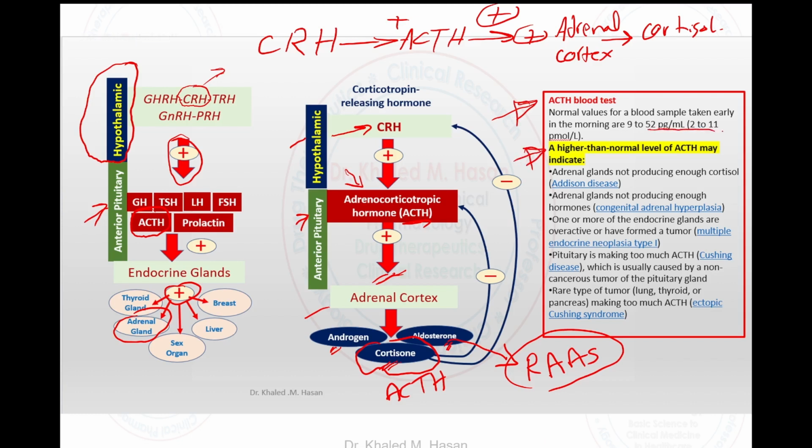Normally, we need to be familiar with the normal range of ACTH in the blood. If the ACTH blood test is high, we have several differential diagnoses: Addison disease, congenital adrenal hyperplasia, multiple endocrine neoplasia type 1, Cushing disease related to a pituitary tumor, or ectopic Cushing syndrome. So we have several possible causes of elevated ACTH.